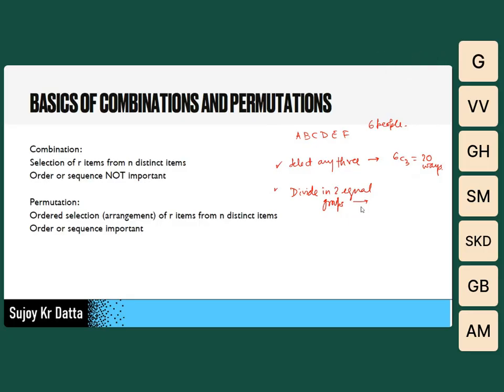Six. Why do you think it will be six? Divide into equal groups means each group will have three people, right? Like six people, you have to split into equal groups. So each group will have three people. So what would be your answer?